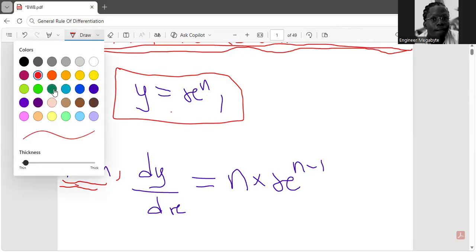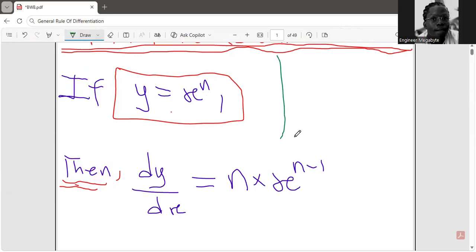Please take note that the differentiation, or the first derivative of this y, what we are writing over here is the first derivative. It can be denoted as y prime, or in some cases, some people may denote it as dy over dx.